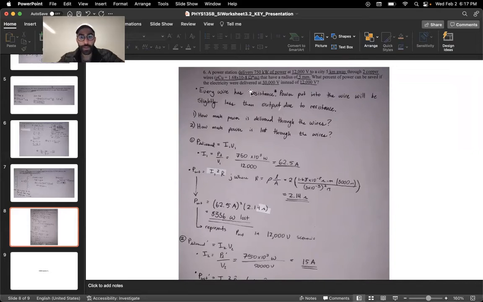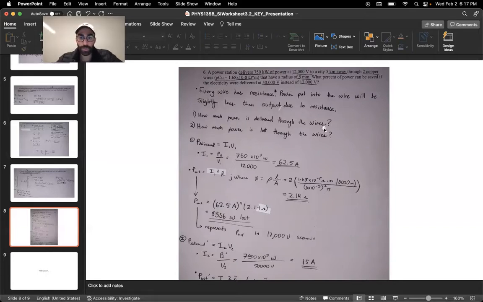All right. So every wire has some bit of resistance, not everything's perfect. The exception is when we're drawing circuit diagrams, we assume that the straight line wire has no resistance, but that's just us giving some artistic freedom to the physics questions. So what we have to do is answer 2 questions: how much power is delivered through the wires, and then how much power is lost through the wires.